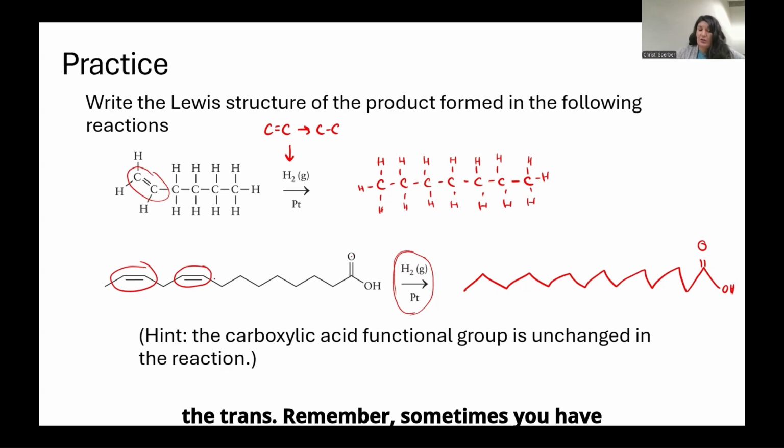It could go to the trans. Remember, sometimes you have that byproduct of the trans fat. But if this was performed how you wanted it to be, it would be the whole saturated fat right there.